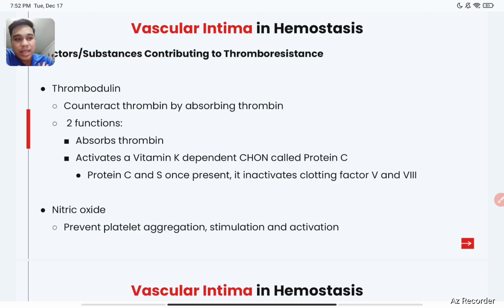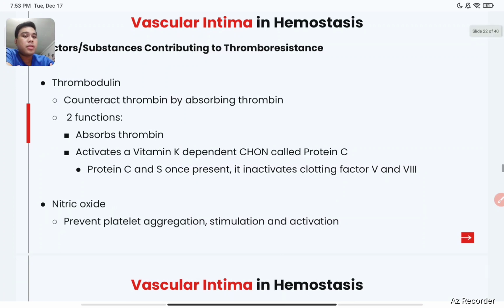Protein C and protein S, once present, inactivate clotting factor 5 and 8. Okay? Later on mamimit pa natin si protein C and S when it comes to the coagulation cascade, but as early as now, you must know that protein C and protein S inactivate clotting factor 5 and 8. So, kapag na-inactivate yan, wala ulit fibrin na mafo-form.